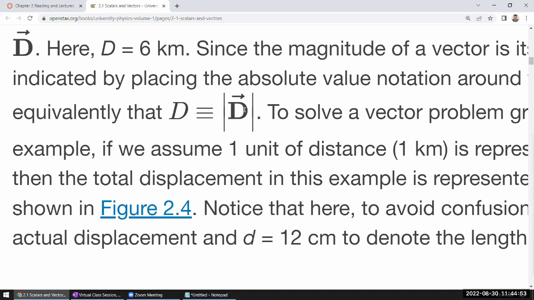You have this absolute value sign, which is a shorthand for the mathematical operation you do to take just the magnitude of the vector. It has some relation with the absolute value that you've been working with for real numbers, but not 100%. They are related, but not the same. This absolute value symbol means you're taking the magnitude of the vector.